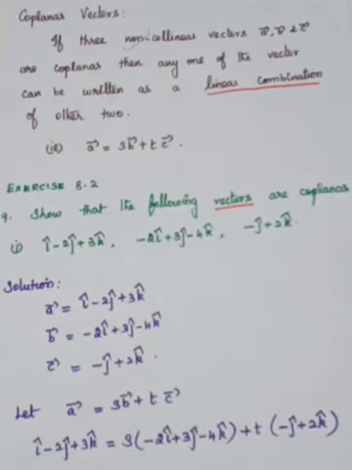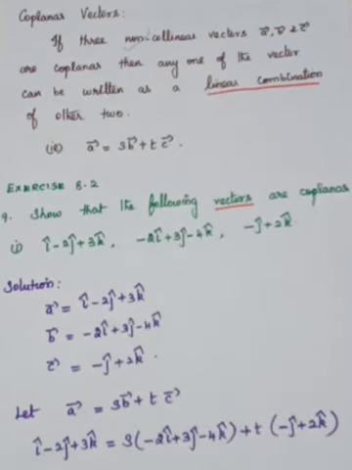Those two values have to be substituted in the equation which is not used. If the equation is satisfied, we can write A vector is equal to SB vector plus TC vector. That is, one vector is a linear combination of the other two. Therefore the given vectors are coplanar.